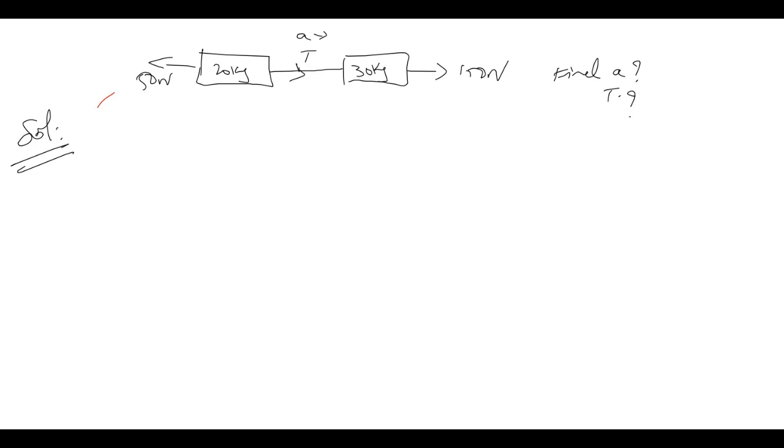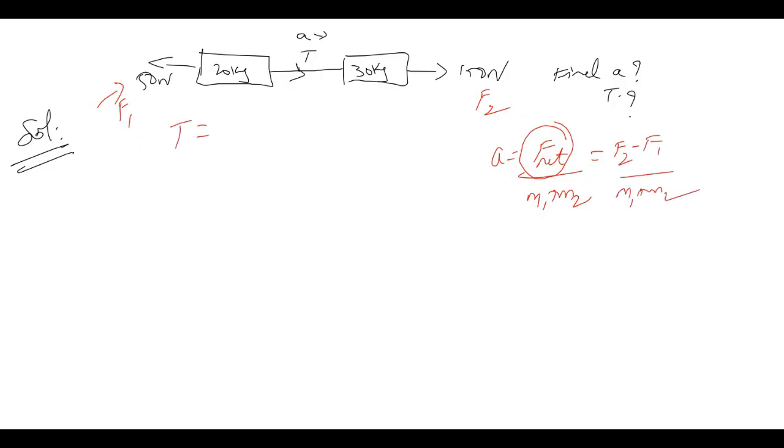Formula, how it will be same? Both sides there are forces F1 and F2. Then what will happen? Acceleration. Acceleration formula is F net by M1 plus M2. Here what is the net force now? Net force is nothing but F2 minus F1 by M1 plus M2. Now what about here T?